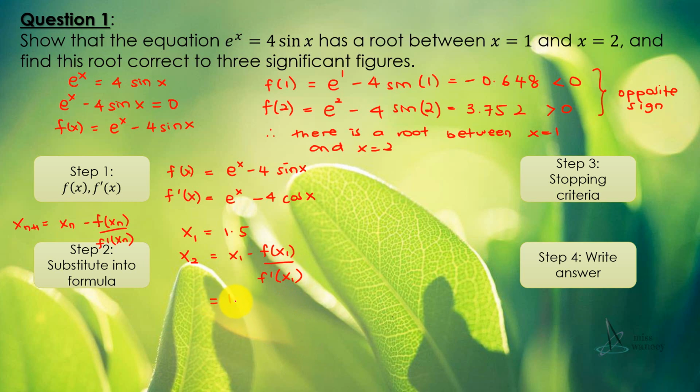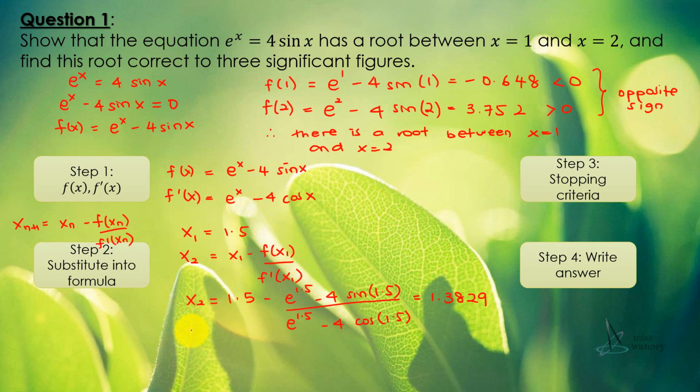So substitute here 1.5 - (e^1.5 - 4 sin 1.5) over (e^1.5 - 4 cos 1.5). So the answer for this one is 1.3829. So this is the second one.